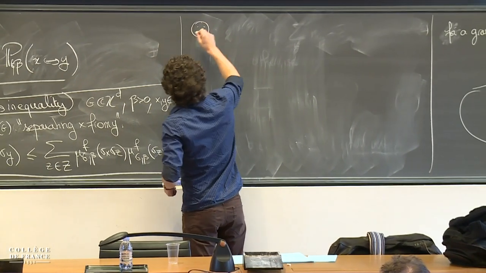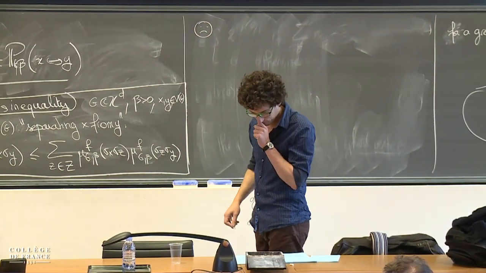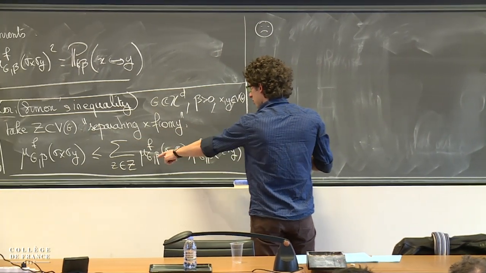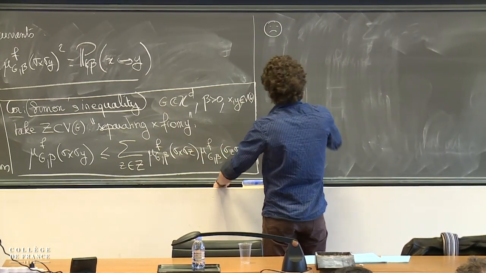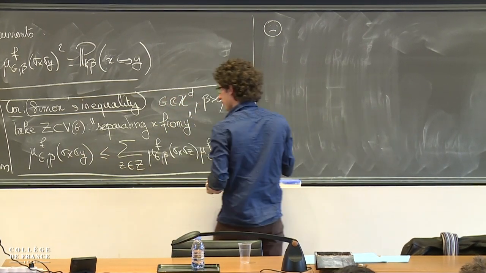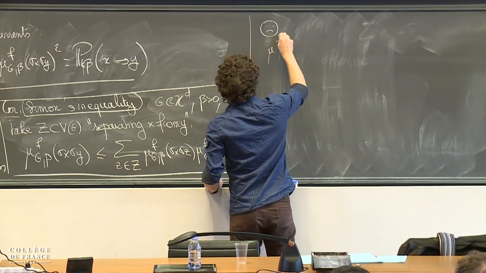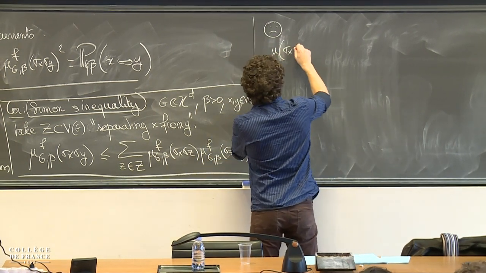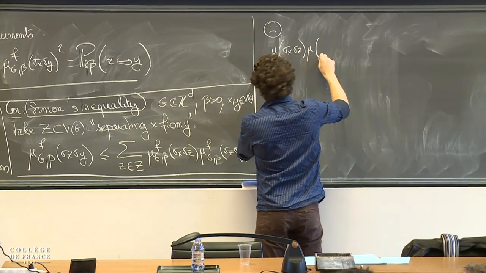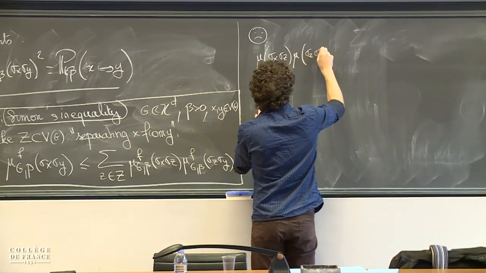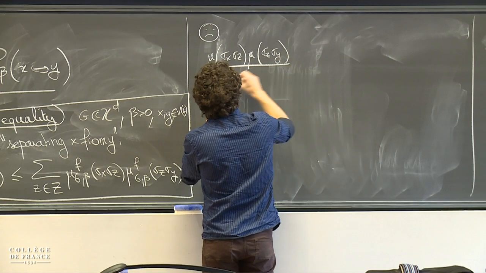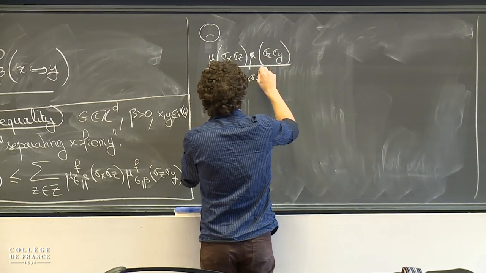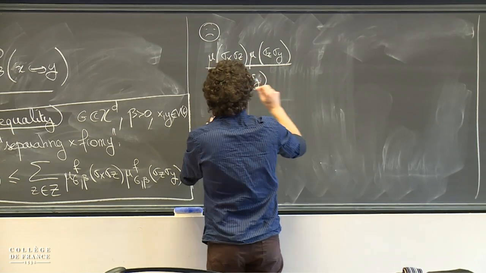How do you prove that? Let's just take this quantity and divide it by this. Let's just call it μ. So I look at ⟨σ_x σ_z⟩⟨σ_z σ_y⟩, divided by ⟨σ_x σ_y⟩.